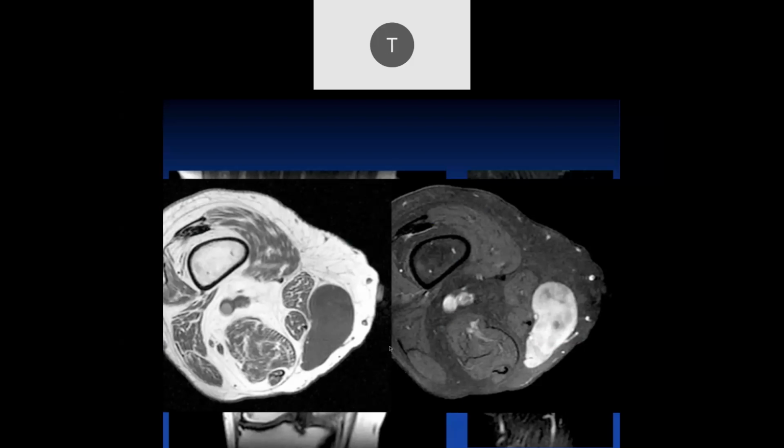It looks like it's within the fat and doesn't involve the other structures. Could it be a smooth muscle type of tumor surrounding the vessels, maybe? Yeah, so it's a leiomyoma. That's what this turned out to be. What's interesting is the muscles are quite atrophied. So this leiomyoma is in much better shape than the skeletal muscle.